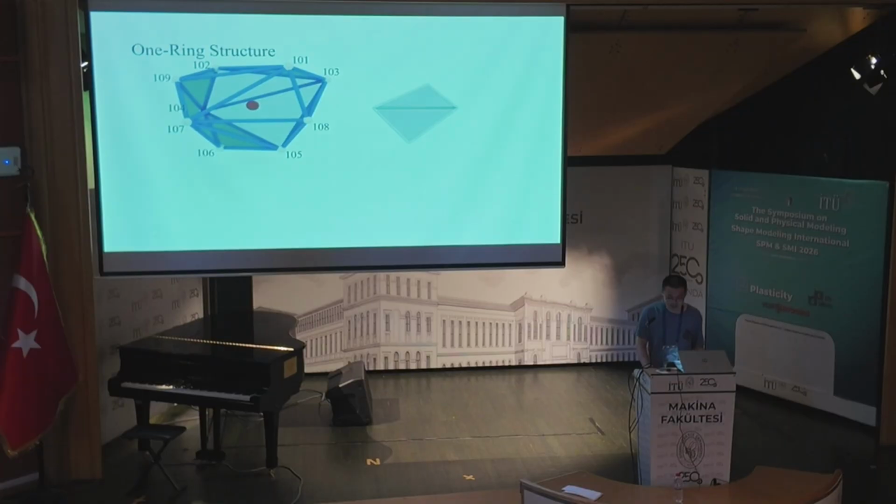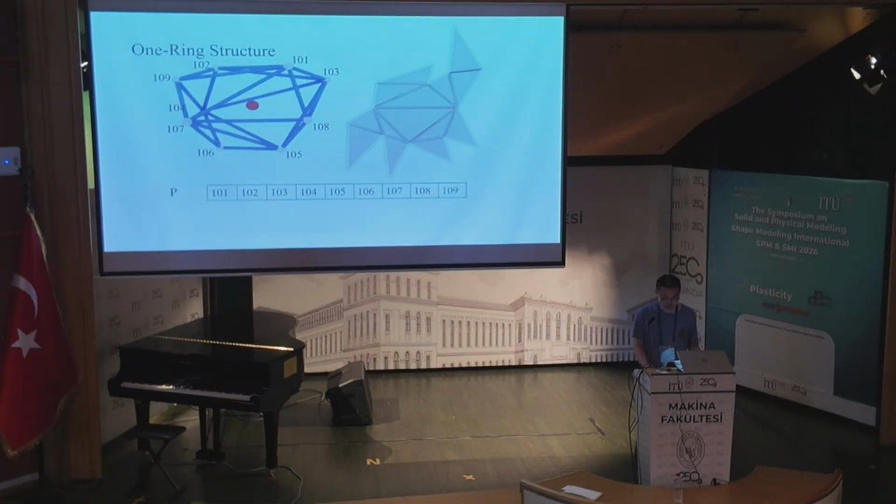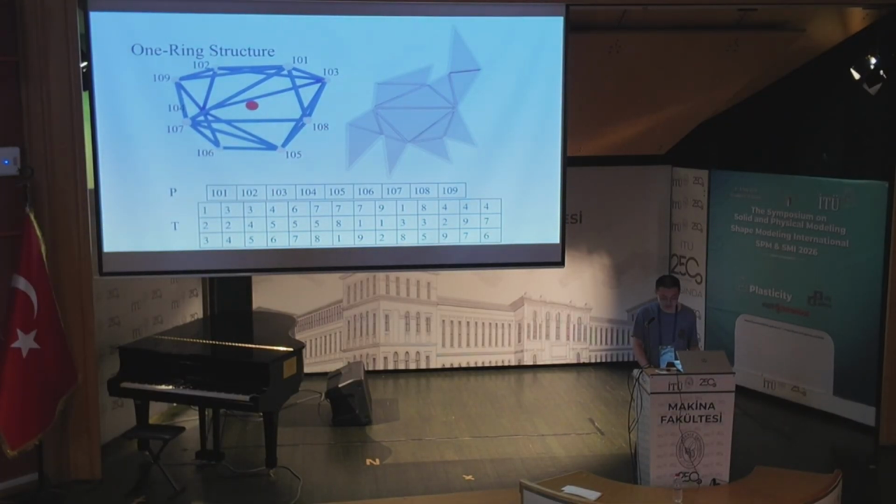In the half-space intersection method, all the tetrahedra in the star share the same central vertex. Therefore, it is sufficient to store only the boundary of each local star. We record first the indices of the neighboring points, then the local triangle connectivity among them. While this works for half-space intersection, it is quite memory heavy.